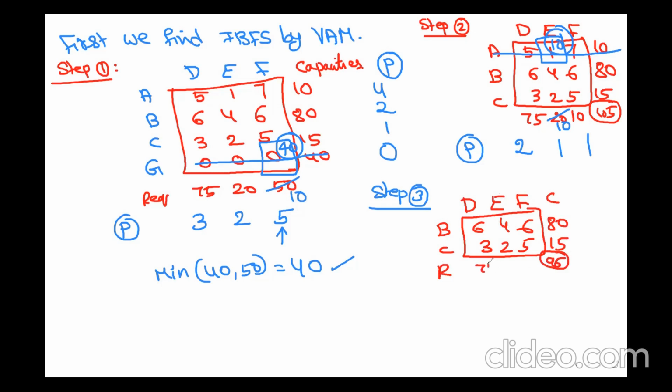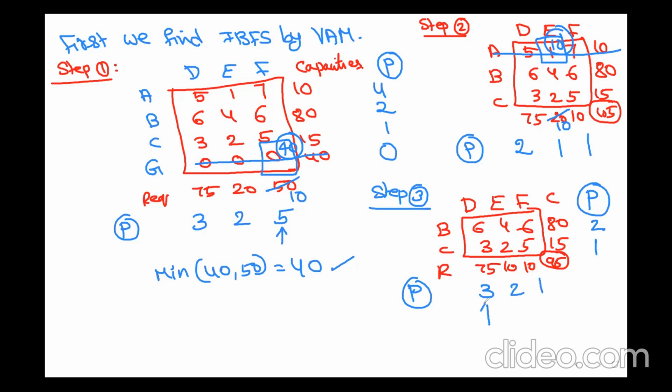Here also 75, 10, 10, 20. Again, I have to give the penalties for step 3. The least element is 4, next least element 6, so 2. Second row, 2 and 3, 1. Column wise, 3 and 2 is 2, 4 and 6 is 2, 6 and 5 is 1.